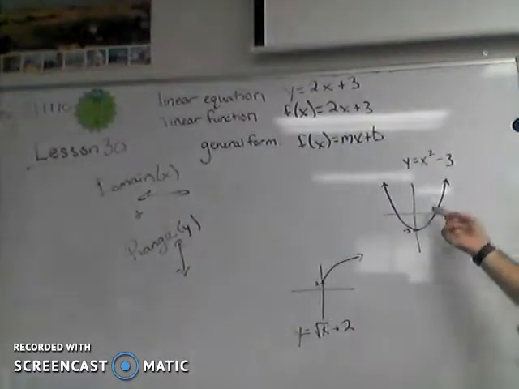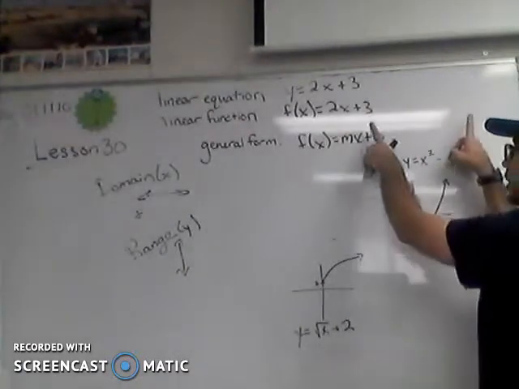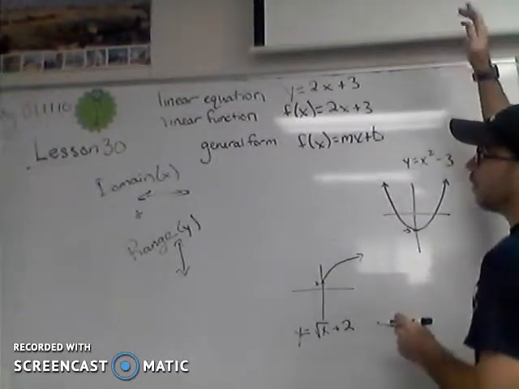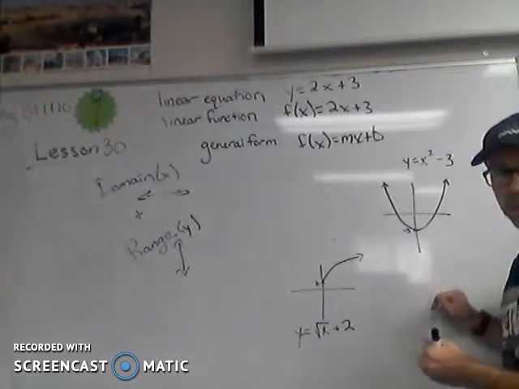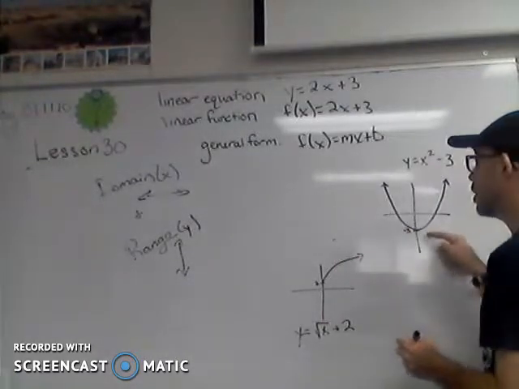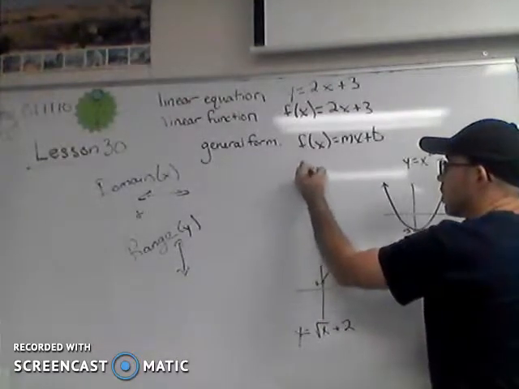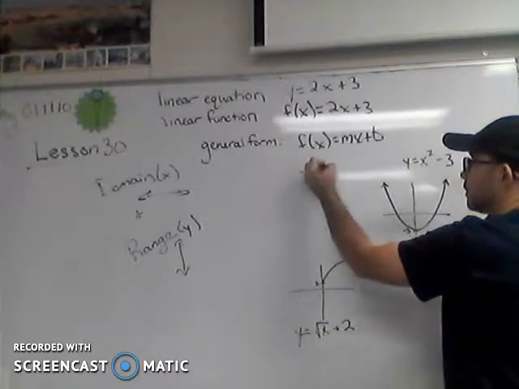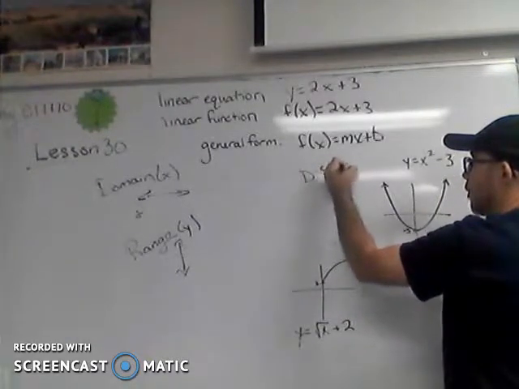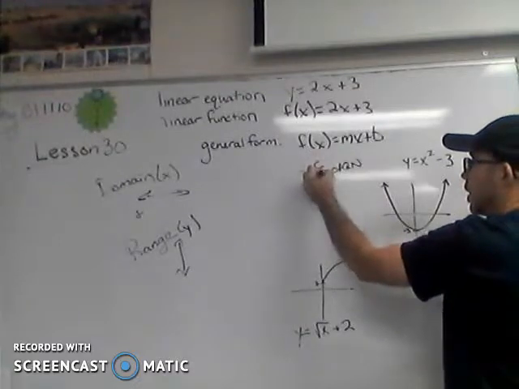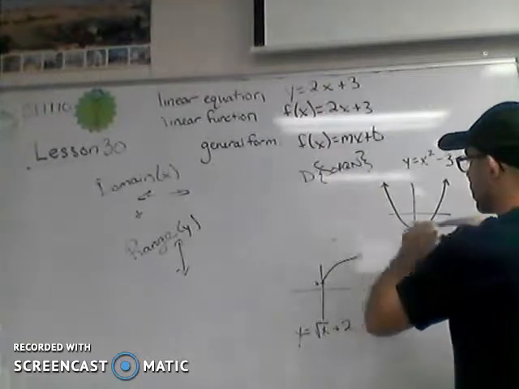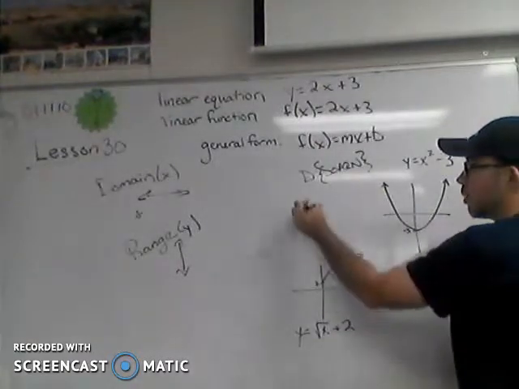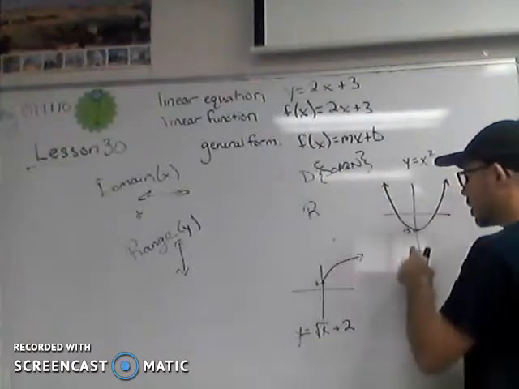But for something like this, those arrows tell you that this picture goes up forever, and it goes sideways forever, but it doesn't go down forever. It has a minimum right there. So the domain for this parabola is going to be the set of all real numbers. I can plug in any number I want to, and I am going to get an answer in the y direction. But the range here is particular.